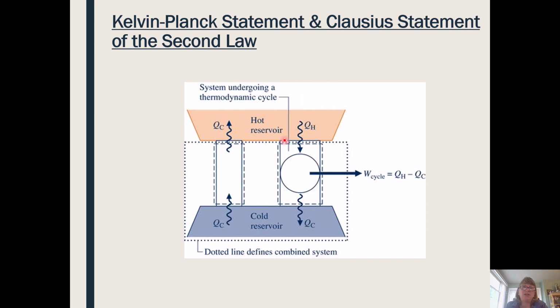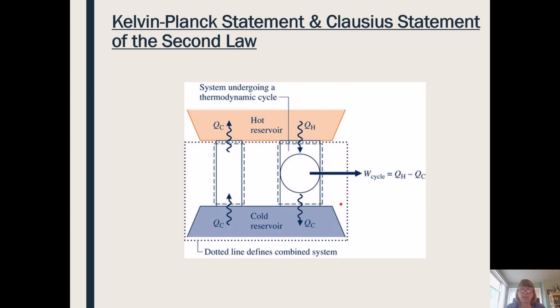The same thing here, if we look at just the dotted part. We have heat going in and transferring to work. Right now this is set up with a cold reservoir, but the amount of heat going into the cold reservoir is also leaving. So basically we do not have a cold reservoir.